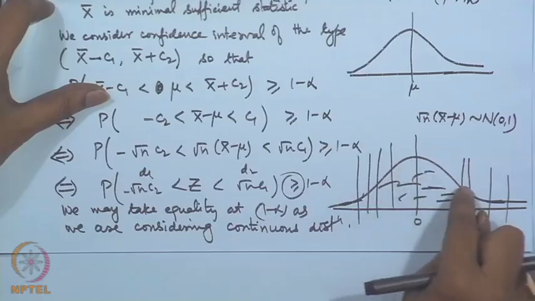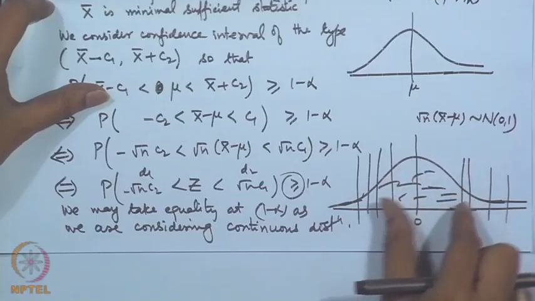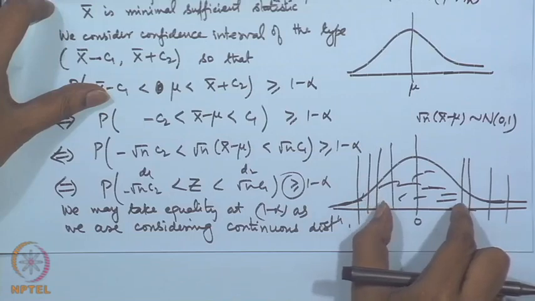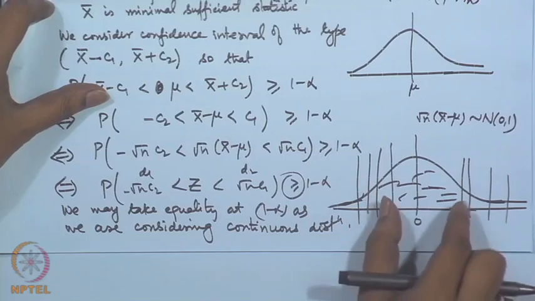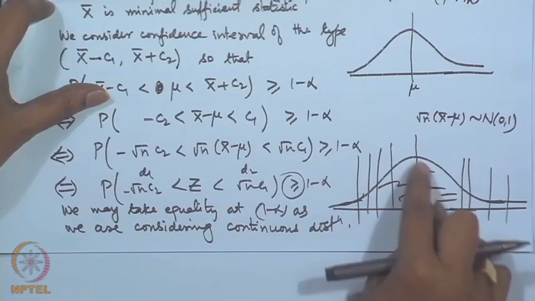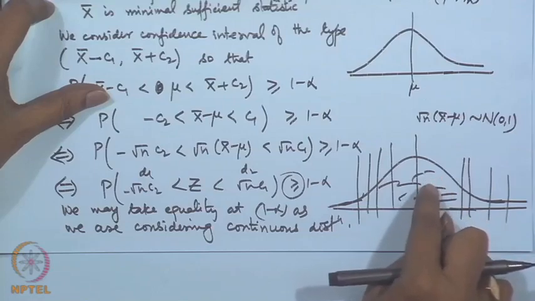Now, because of the symmetry of the standard normal distribution, we can consider a symmetric interval, and if I choose a symmetric interval, it will be the shortest, because the probability in the middle is the highest for a normal distribution.